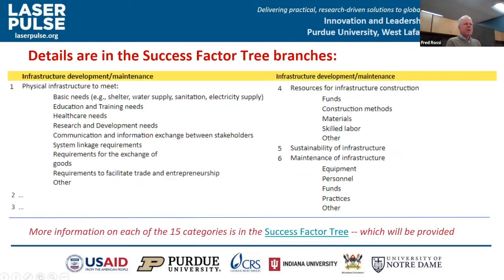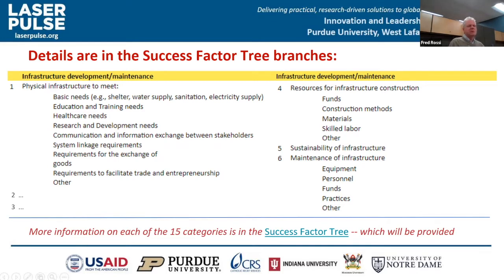Okay, next slide. So this slide shows a success factor in a little bit more detail. So we're looking at the branches now. We're looking at the infrastructure category, which is in yellow, and we're looking at infrastructure development and maintenance in more particular detail.